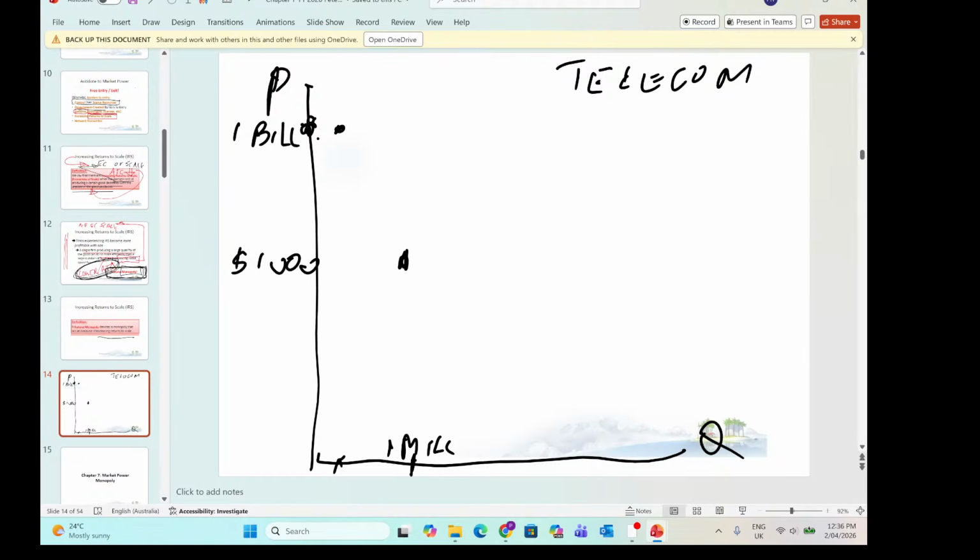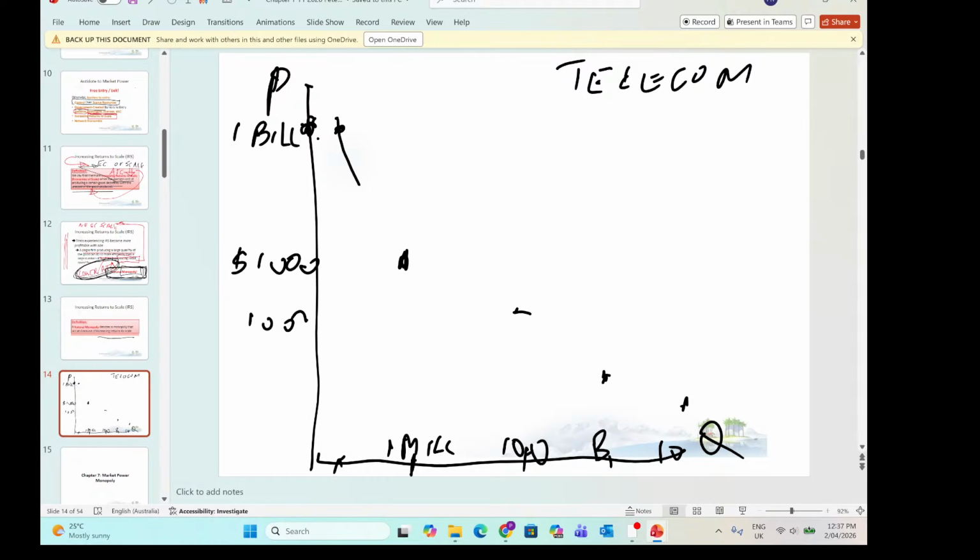But if we make 10 million, the phone call now costs $100. If we make 1 billion phone calls, the average cost is now $1. If we make 10 billion, the cost of the phone call is now 10 cents.